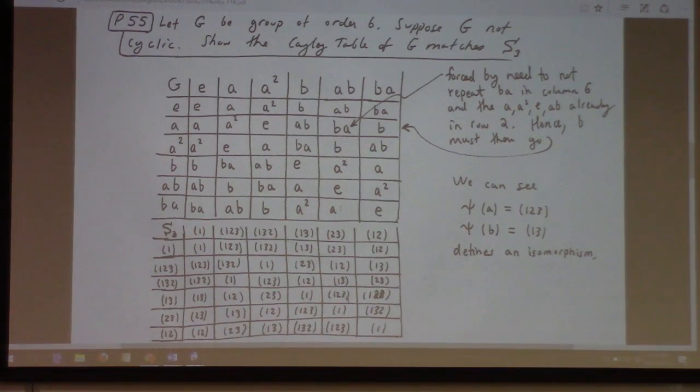This upper block comes just because A has order 3, and some of these are immediate, like A times B is AB. But like I said here, I'm forced to not repeat BA here in column 6.